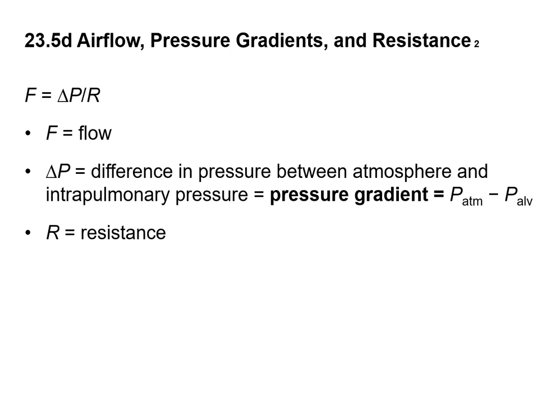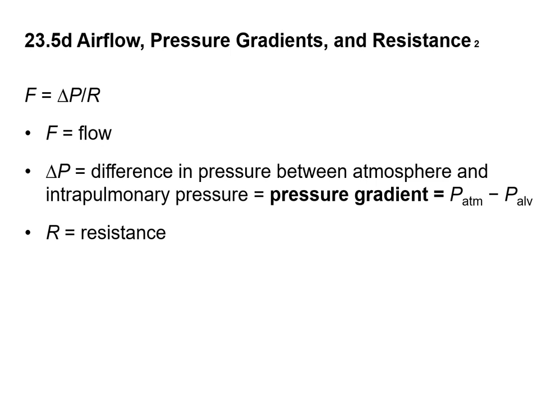F equals flow. The delta P is referring to the change in pressure, so the gradient. One area that has one pressure, another area that has another pressure. What's the difference between those pressures? So the gradient. And then the R is resistance. So the way you interpret this formula, F equals delta P over R: the delta P is in the numerator, so the greater the pressure gradient, the greater the flow.